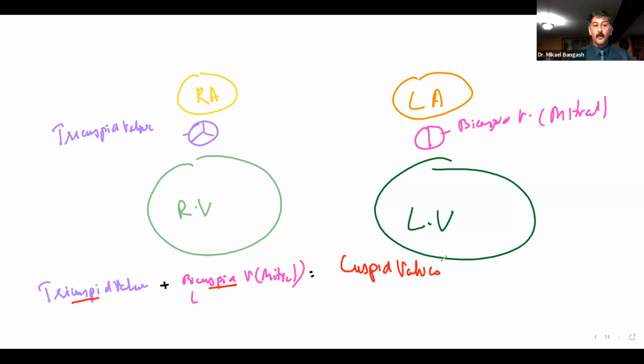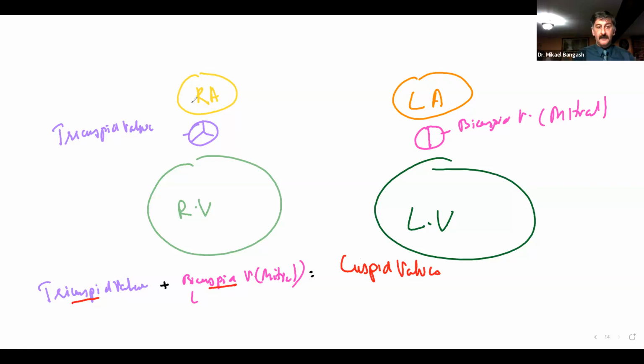So what's the name of the right cuspid valve? The name of the right cuspid valve is the tricuspid valve. What's the name of the left cuspid valve? It can go under the name bicuspid valve, or it can go under the name the mitral valve.